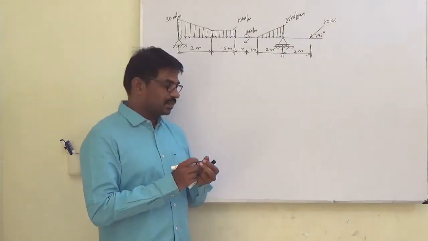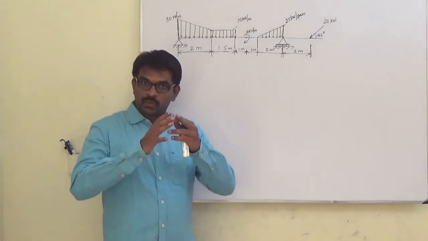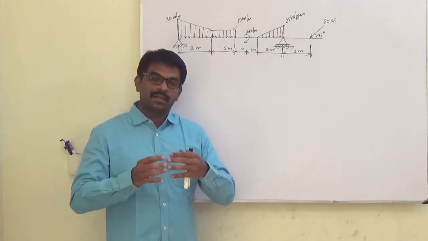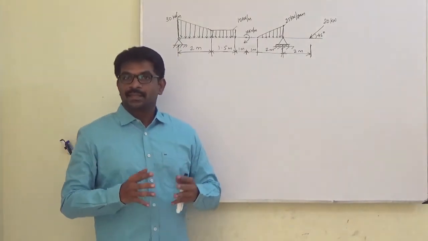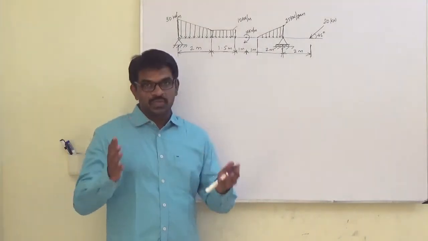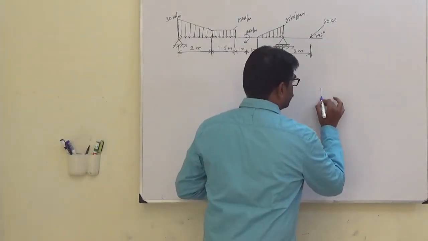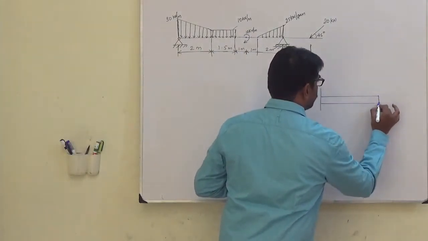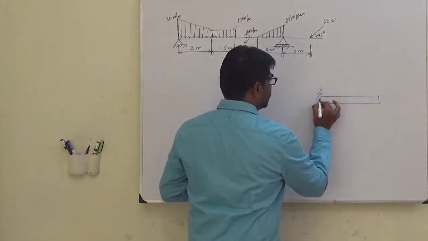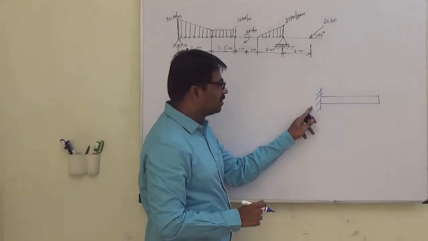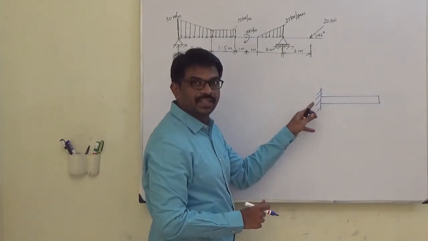I'm not going to solve the problem, I'm just going to give you the free body diagram, and then you can use the equilibrium equations to solve it. Say, for example, we have a beam fixed at this end, so it will have 3 reactions.